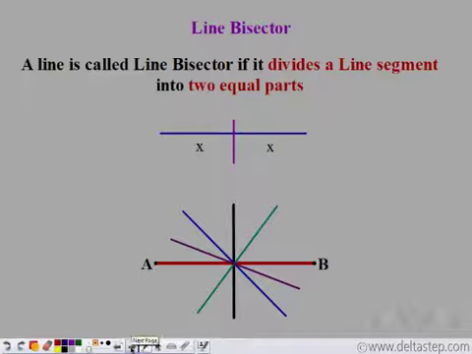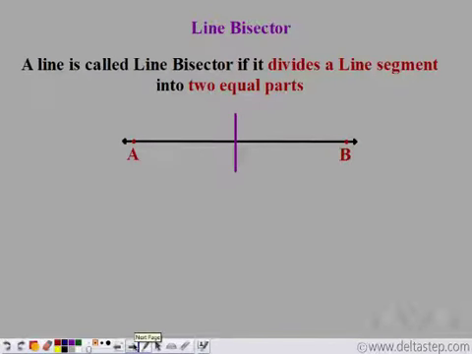Are all these lines the line bisectors of AB? Well, yes. All these lines are the line bisectors of AB. Any line which passes through the midpoint of a line segment is the line bisector of that line segment. So a line bisector is not unique. For a given line segment, we can have many line bisectors.